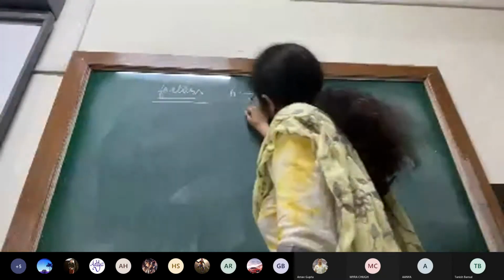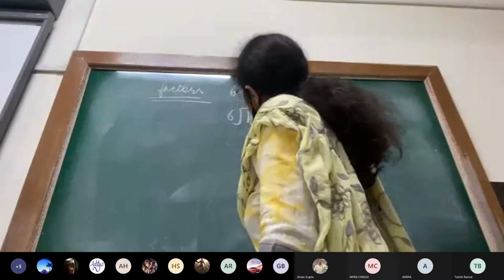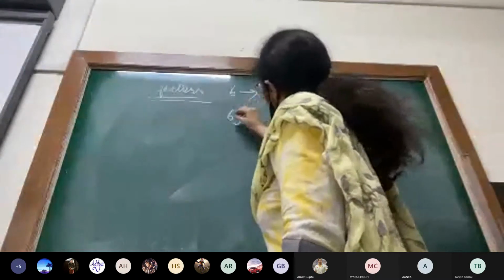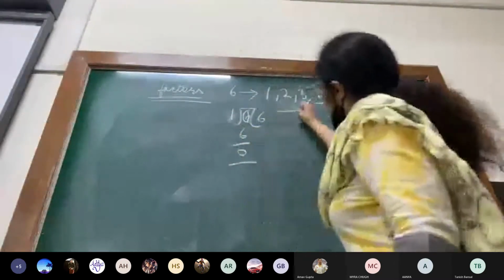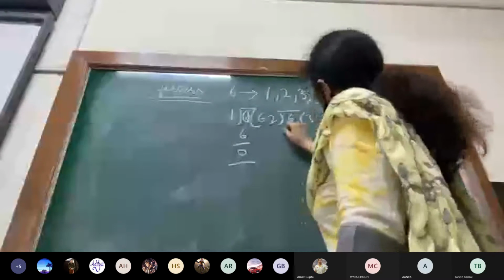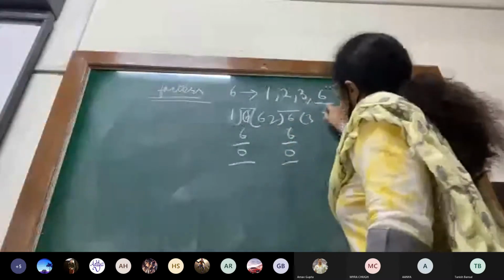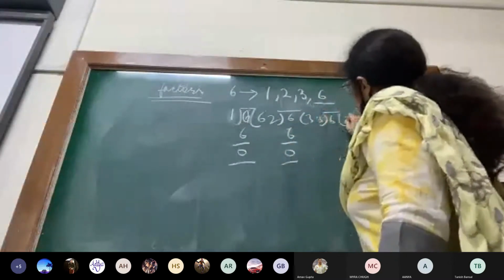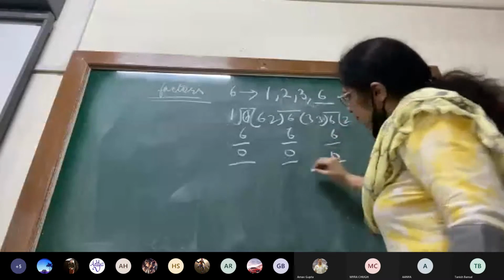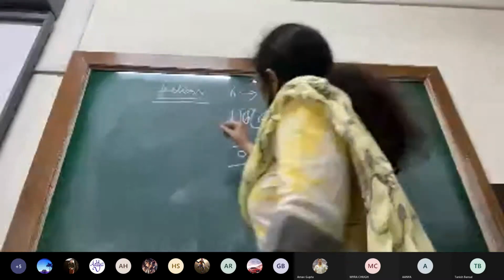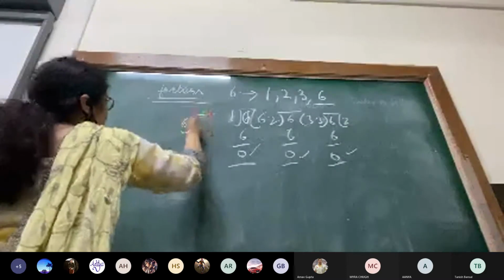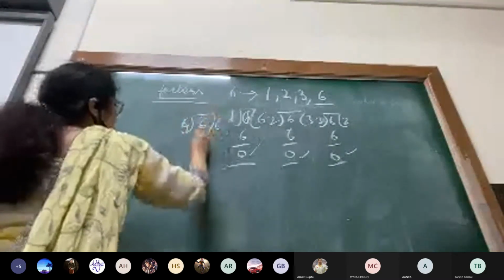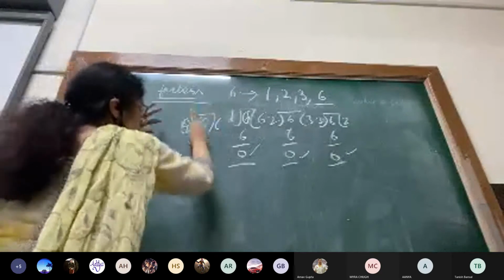So I am going from 1, dividing 6 by 1, remainder 0. 6 by 2, 3, remainder 0. 6 by 3, 2, remainder 0. So in every case the remainder is coming to be 0. Let's do it for 6 by 4: 1, remainder 2. So this is not a factor.